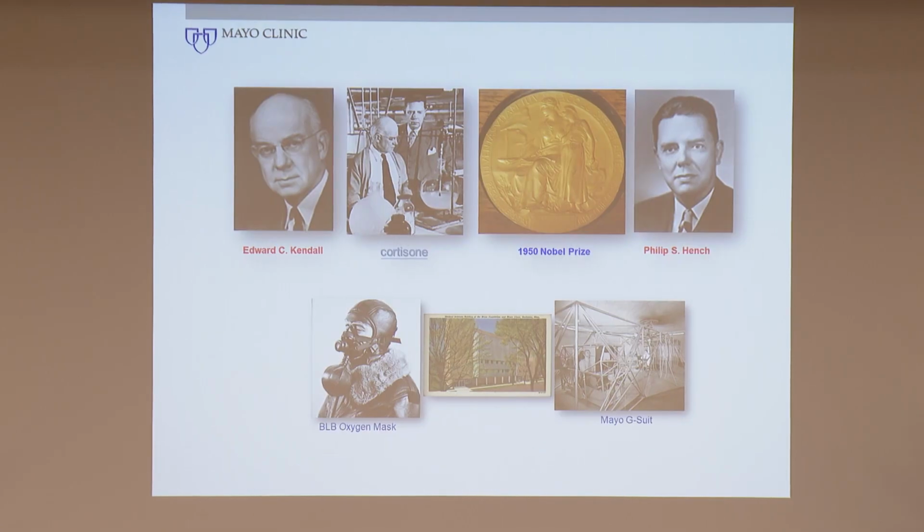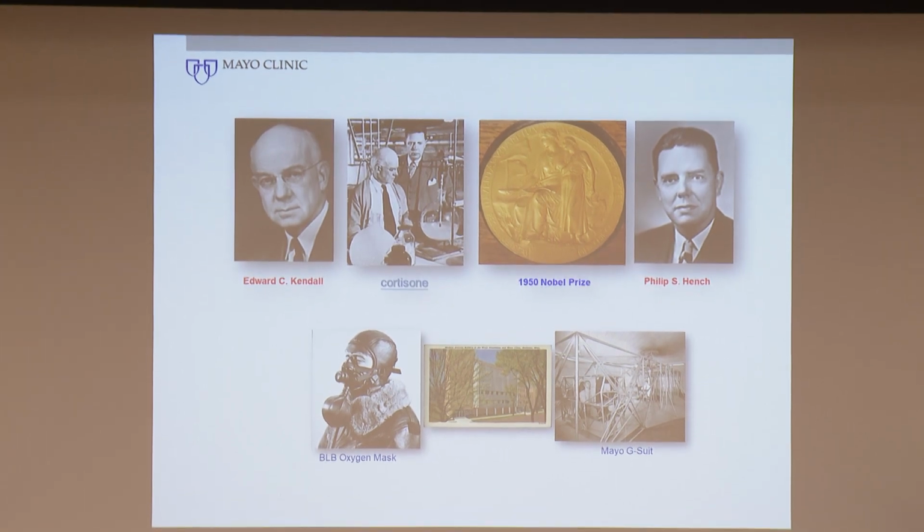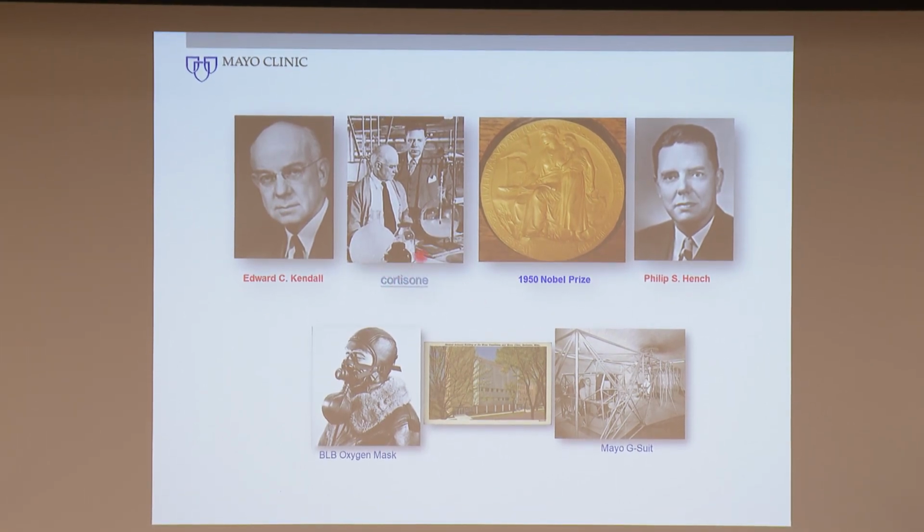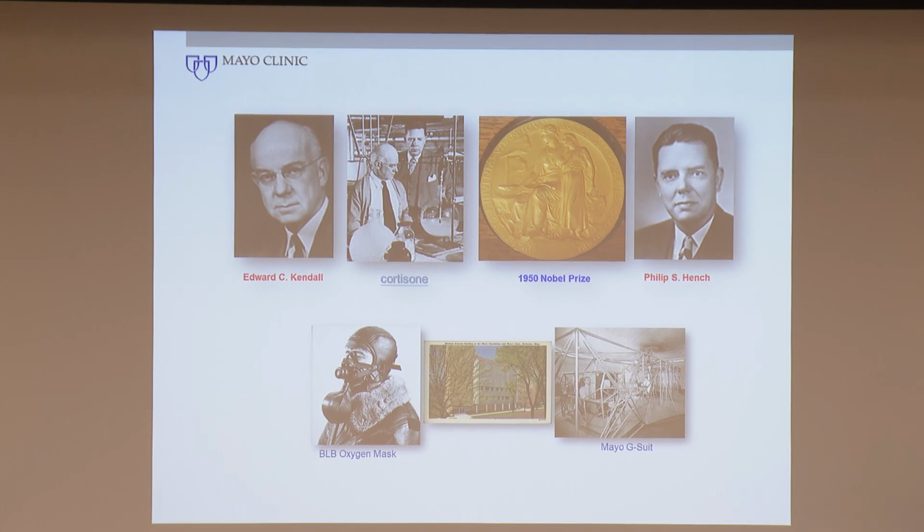For example, cortisone was discovered by Edward Kendall. He was a basic biochemist. Then Dr. Hench was a rheumatologist. He was always trying to find a drug to treat rheumatoid patients.